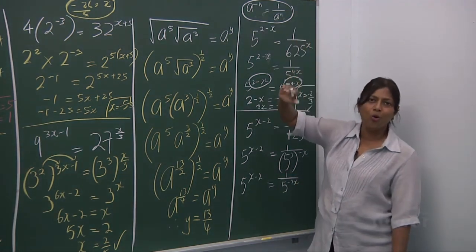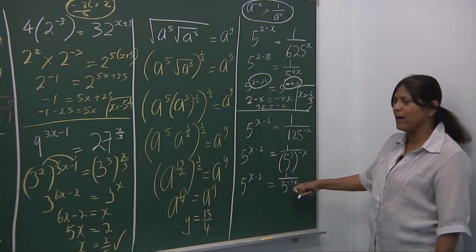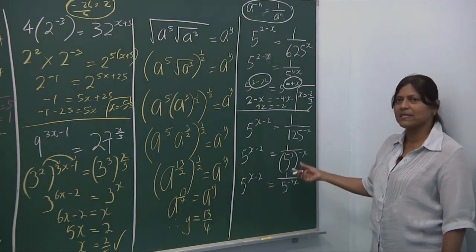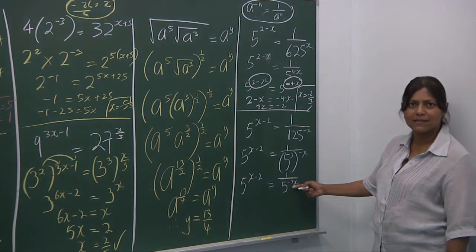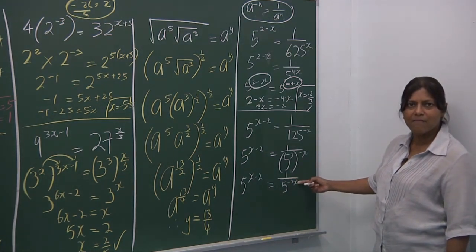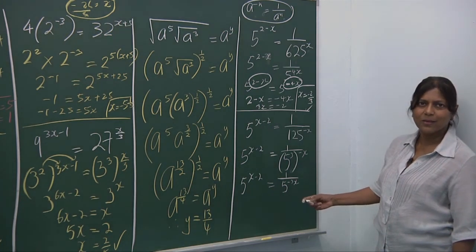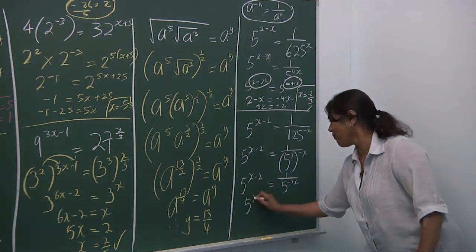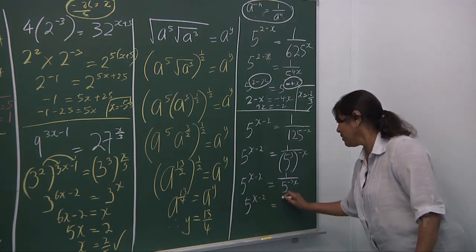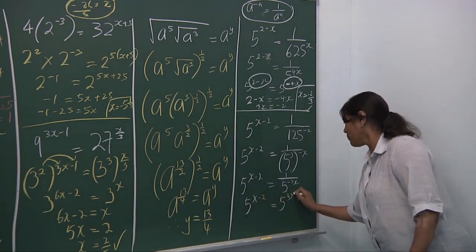Remember your laws. When you have 1 upon, when you bring the 5 up, the power becomes a minus. A minus of a minus 3x will give us a what? A plus 3x. Great. So 5 to the power of x minus 2 is 5 to the power of 3x.